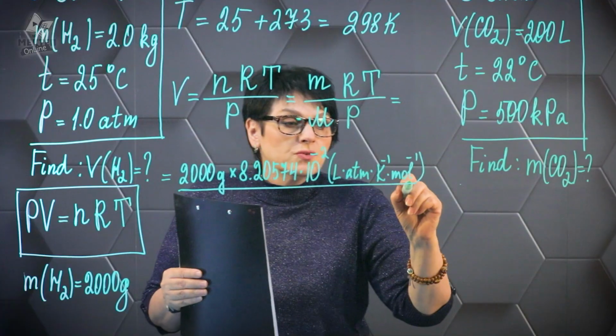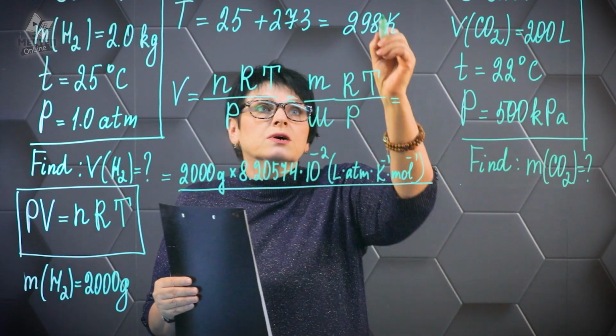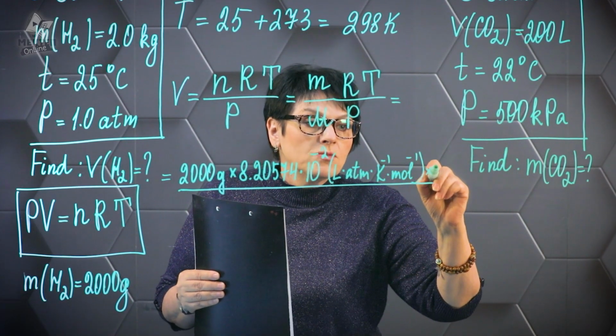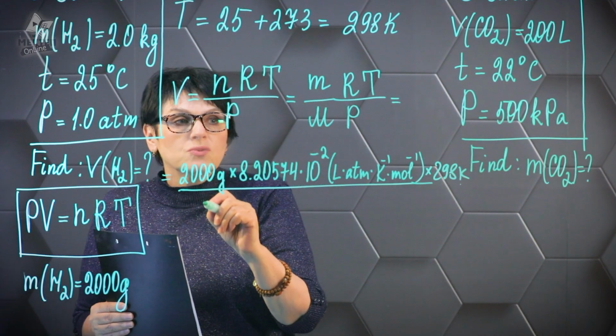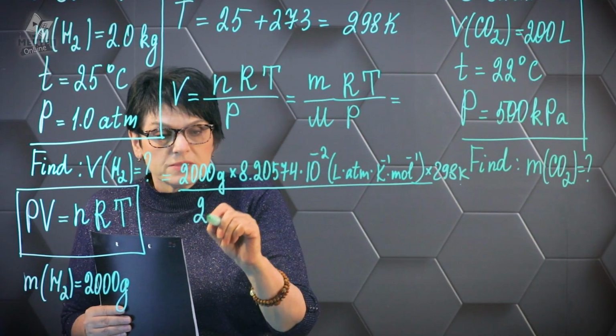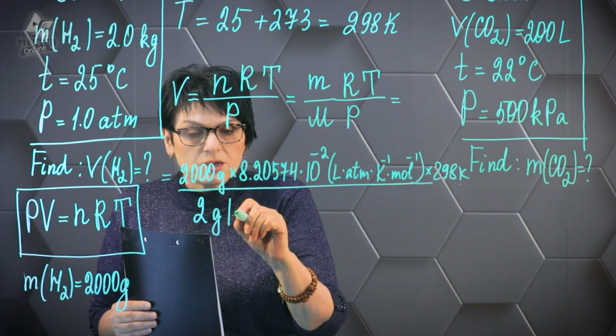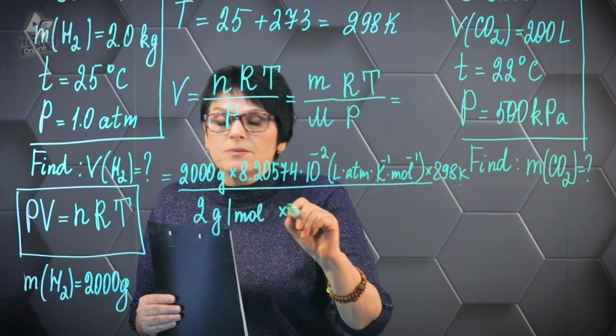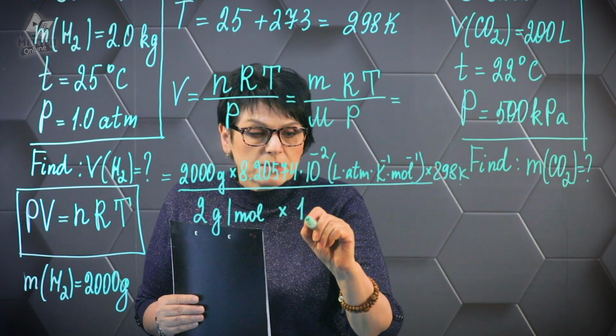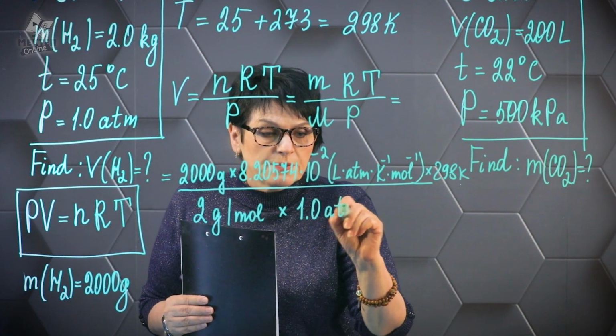And then we've got the temperature on top, which we've converted to Kelvin, multiplied by 298 Kelvin. And then we've got the molar mass at the bottom, which is 2 grams per mole, multiplied by the pressure. And the pressure is 1 atmosphere.